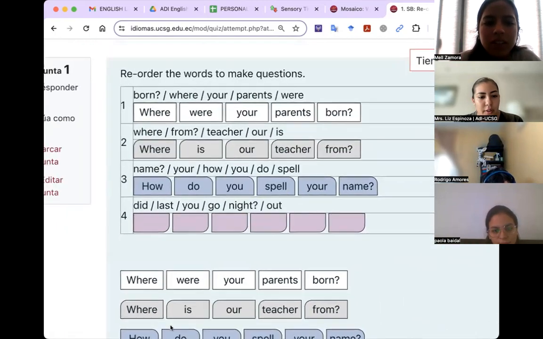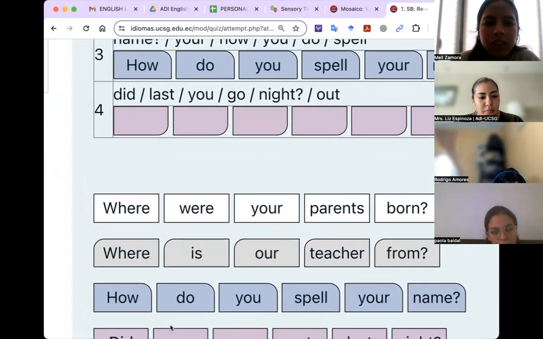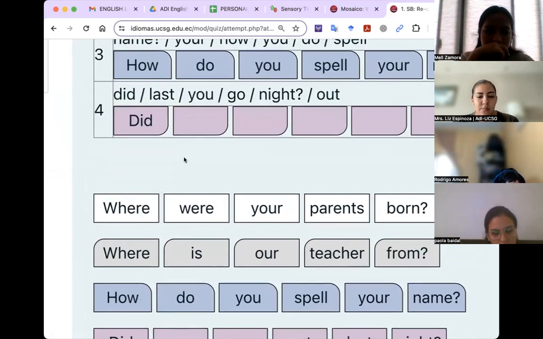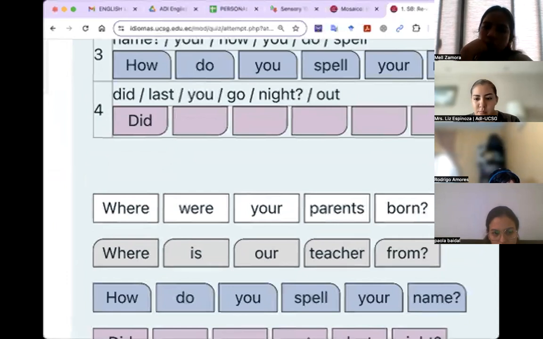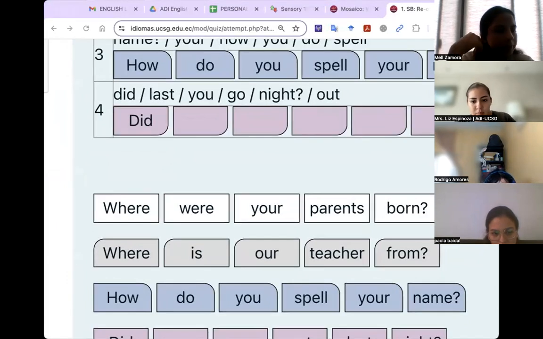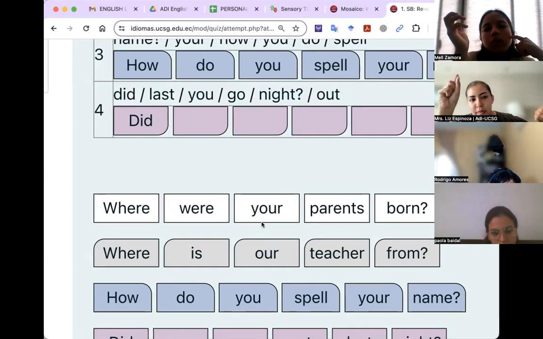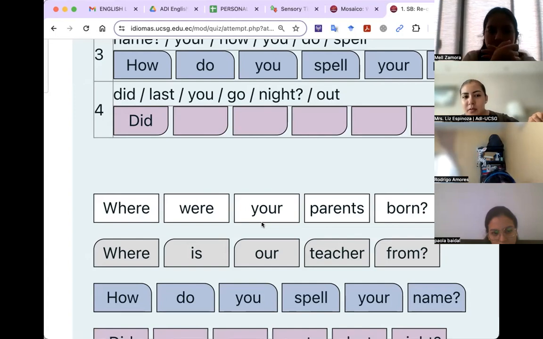Okay, so did. For example, I don't know if you can see number 3. Let's delete how. So you have the auxiliary do in present. In this case, you have it in past, did. What is next? You need the subject. Which is the subject?